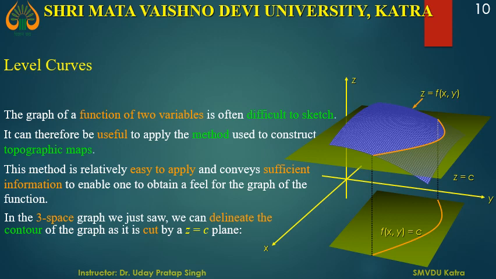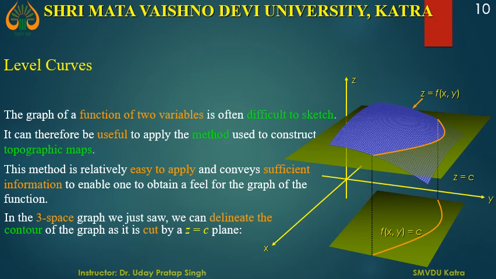The graph of a function of two variables is difficult to sketch. Therefore, it is useful for us to use such a topographic map, right? This method can easily be applied and gives us more information to obtain the representation of the graph, right?